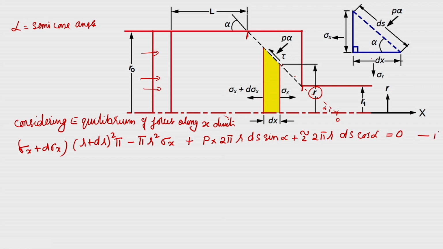We can write this as equation number 1, where sigma x is the axial stress along the x axis, and r is the radius of the strip.